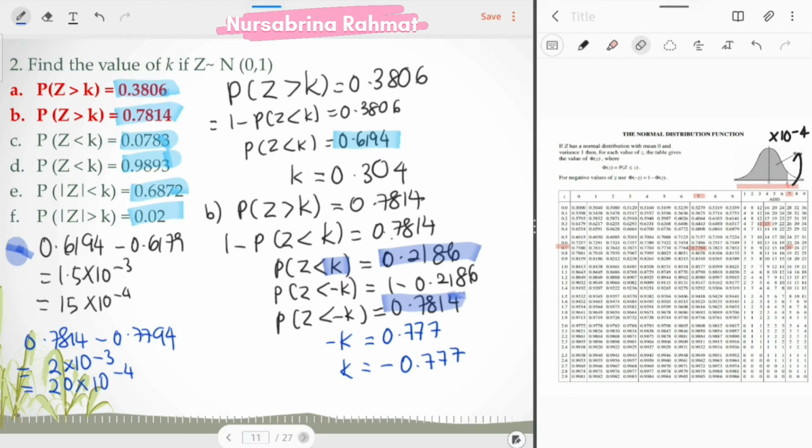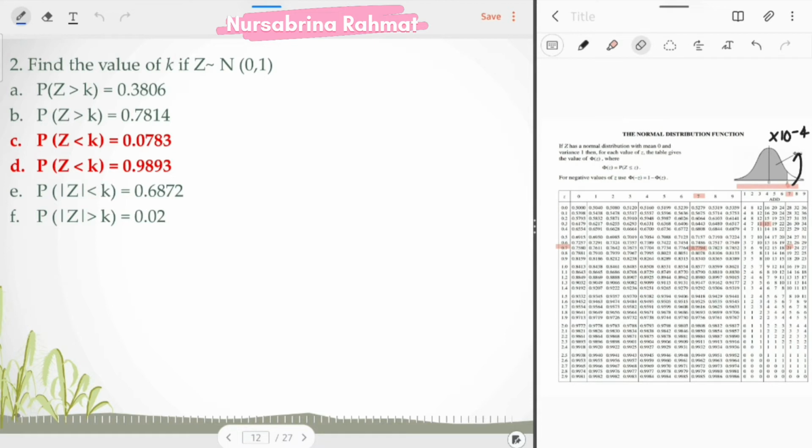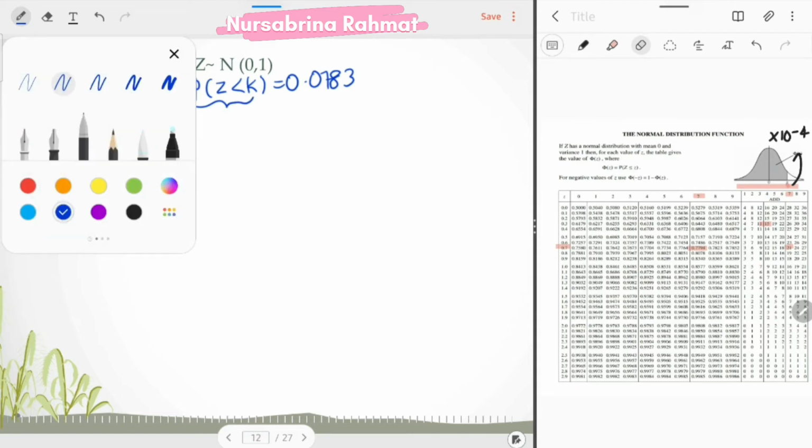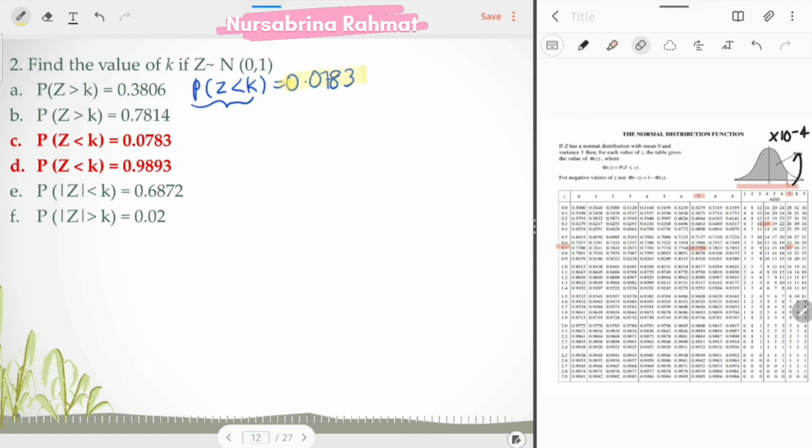In question C, you are given P(z < k) = 0.0783. There's nothing you need to change on the left side because it's already z less than k. But as you see, the value 0.0783 is smaller than 0.5.